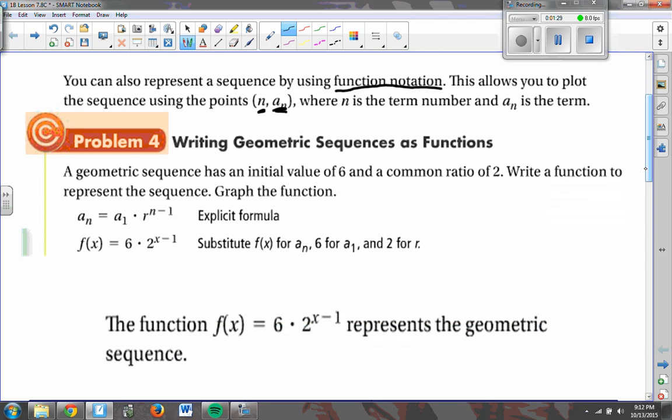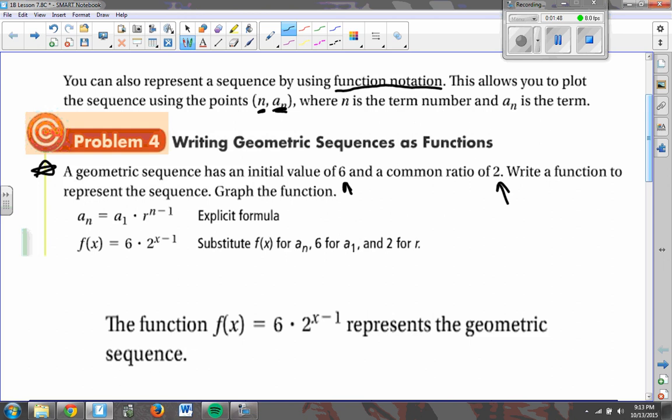For example, we have a geometric sequence here that has an initial value of 6 and a common ratio of 2. We are asked here to write a function to represent that sequence and then graph it as well.